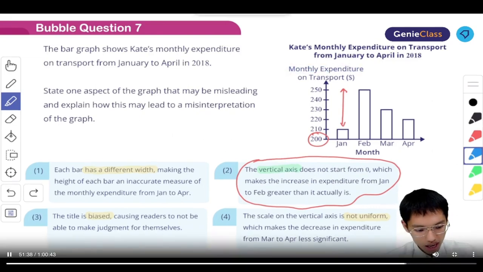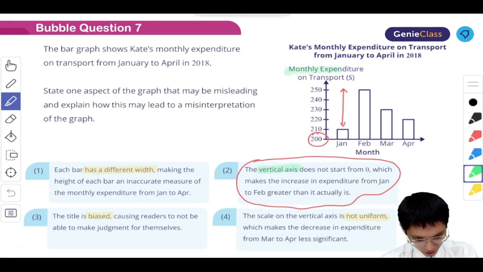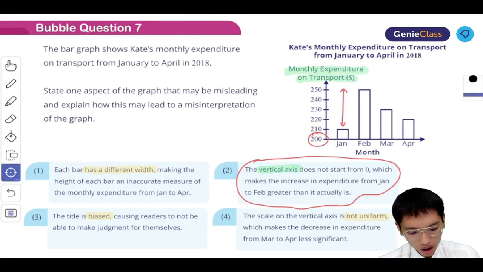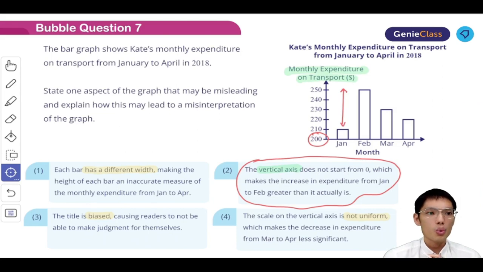It does not say y. Similarly, henceforth, for your horizontal axis, we must say horizontal axis. We cannot say x-axis because this is not labeled x but the month.